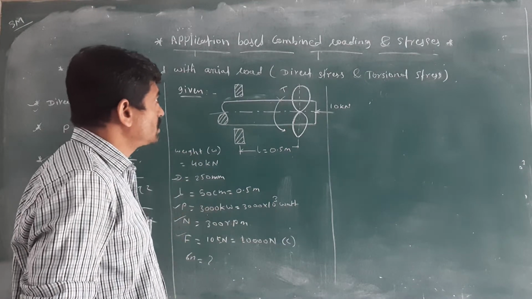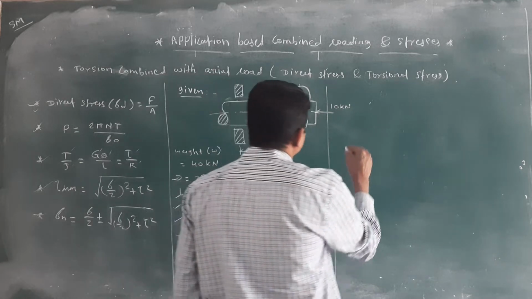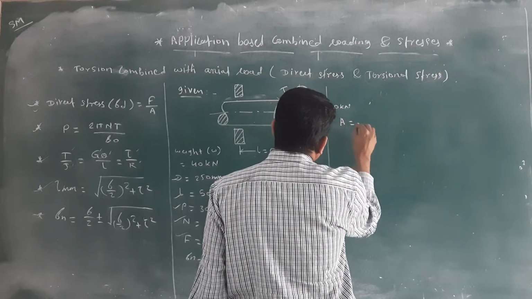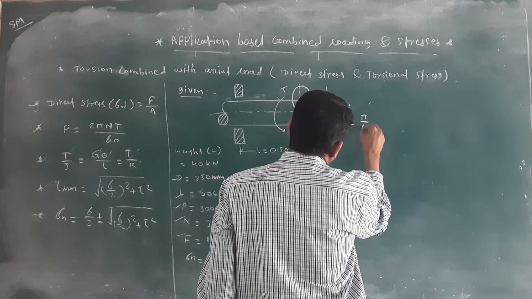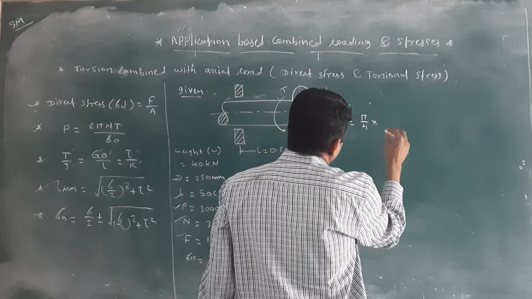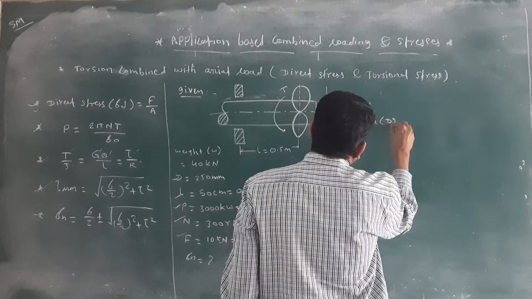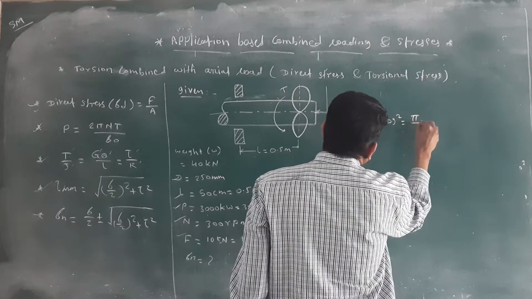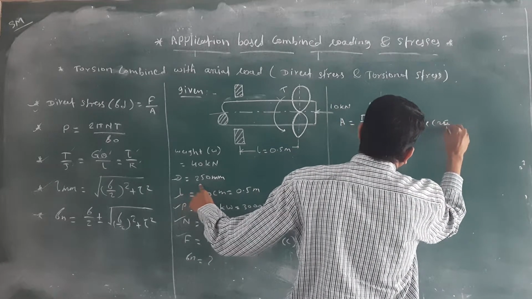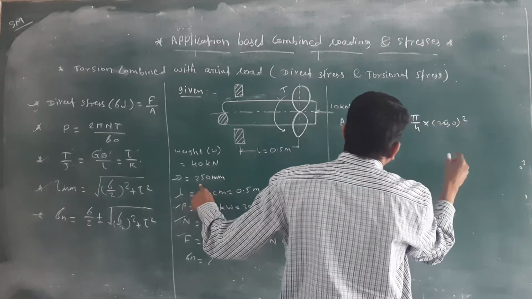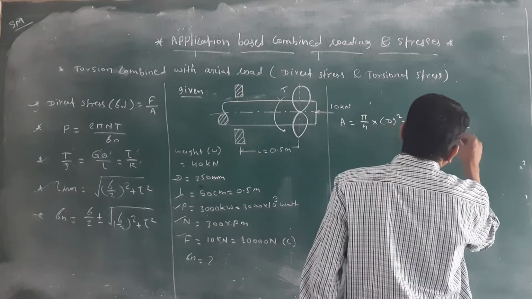Then we will start. First we want to calculate the area. We don't know the area of that propeller shaft. For a circular shaft it is pi by 4 into d square. What is the value of d? They have given 250, squared. Then you will get this value when you calculate.